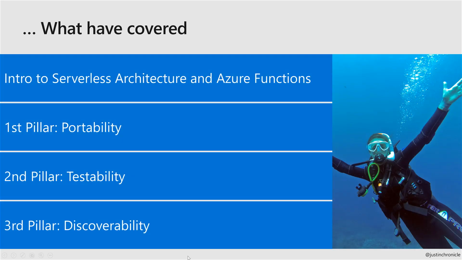Now, we have covered those things. The first one was looking through what the serverless architecture looks like, how Azure Functions works internally, and how the language process is working. And we touched on 3 different aspects: portability, testability, and discoverability, which uses the Swagger UI.